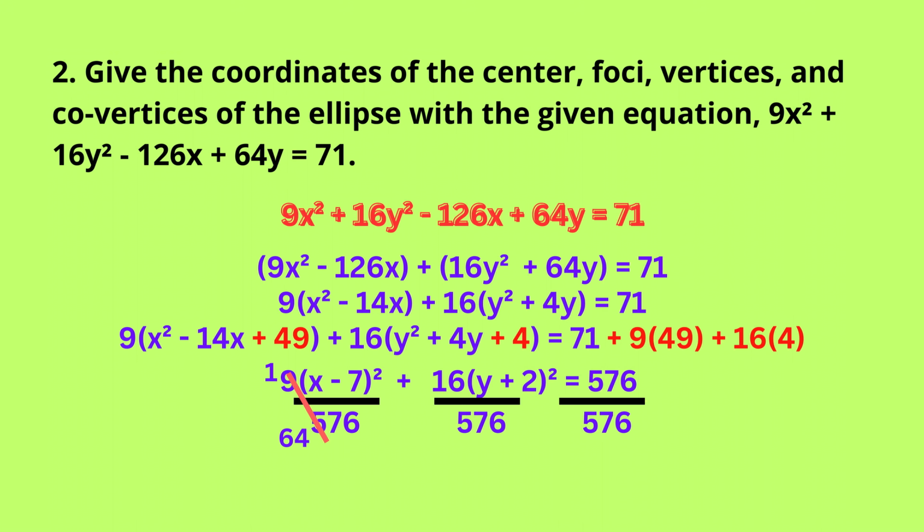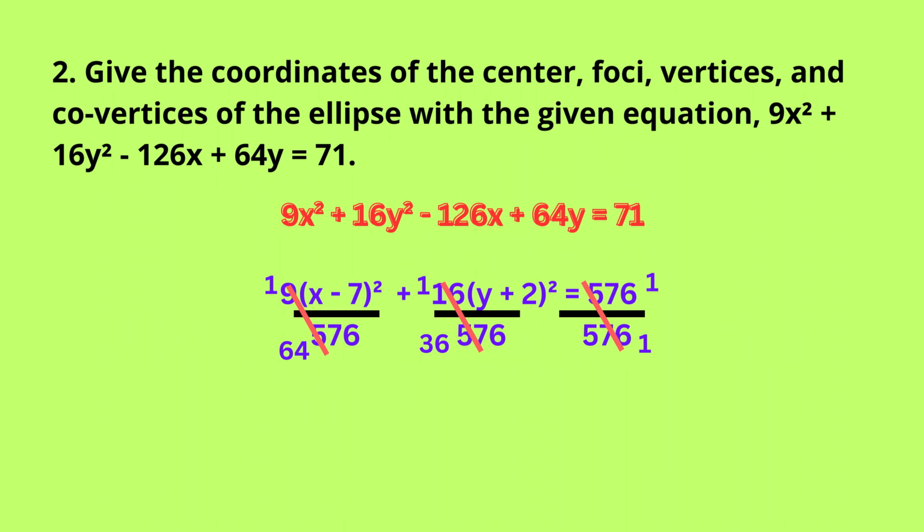We also simplify 16 over 576 by 16. So 16 divided by 16 is 1, and 576 divided by 16 is 36. Lastly, 576 over 576 is 1.